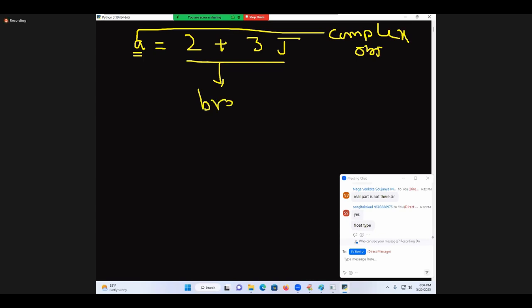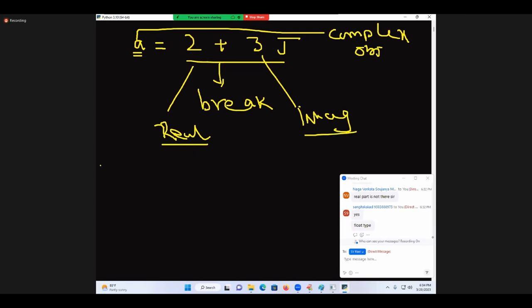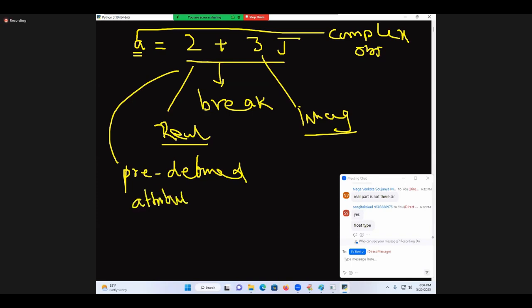I want to separate the real part and the imaginary part. In order to separate the real part and imaginary part, we have predefined attributes. First time you are coming across the word in the class: predefined attributes are there in Python, that are also known as what?